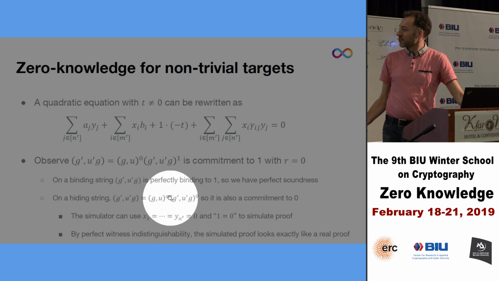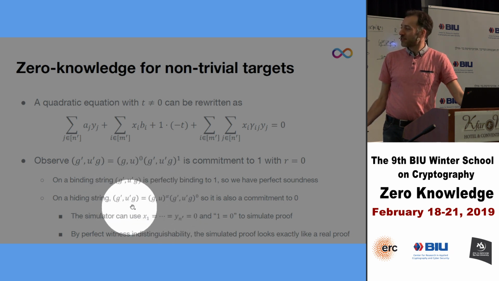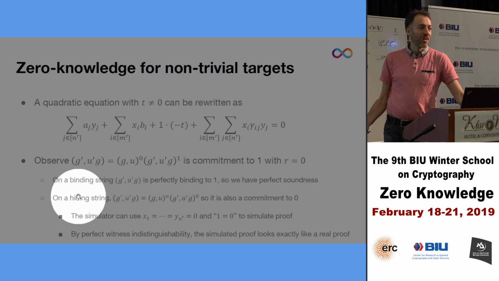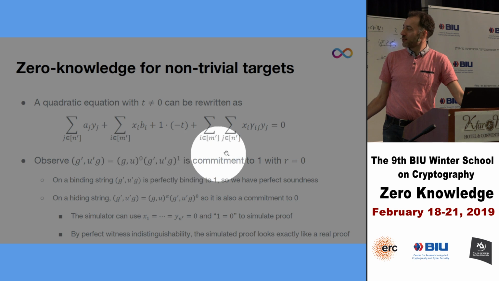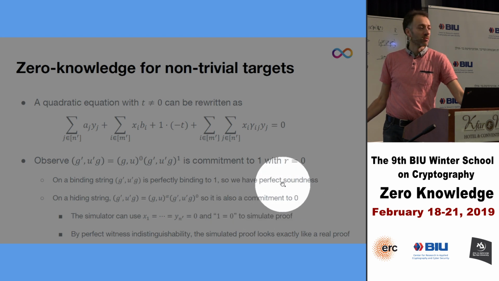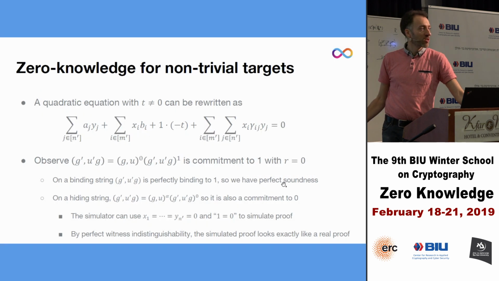That's actually what holds on a hiding string. So at the same time as being a commitment to 1, on a hiding string it's also a commitment to 0. The commitment can be equivocated to two different values at the same time.